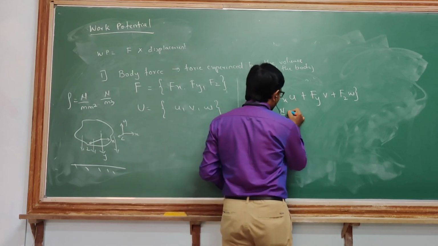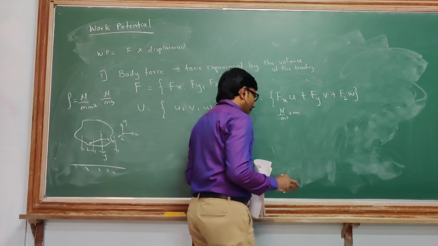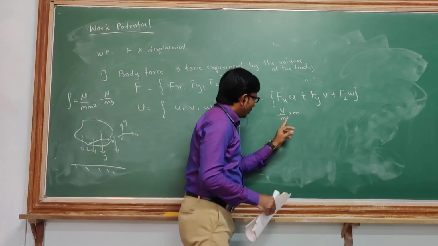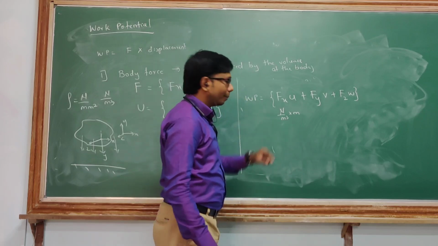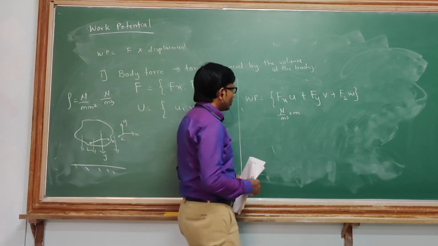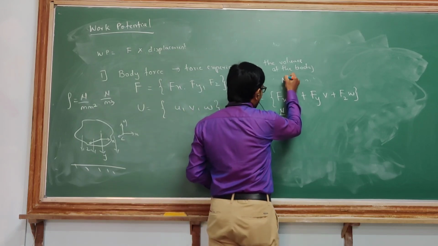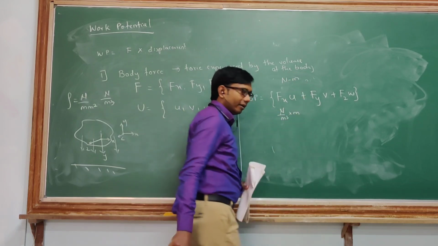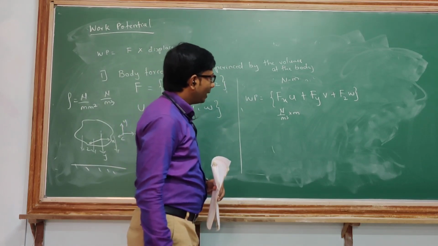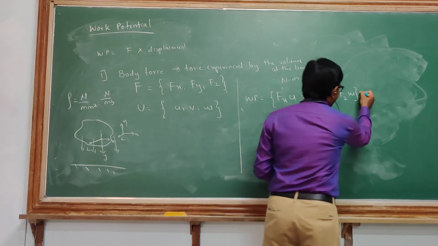U is the displacement, I will write it as meter. So you will end up with Newton per meter cube into meter, which is Newton per meter square. But what is the unit for work potential? It is Newton meter. So how will we do it? You will multiply by the volume here.